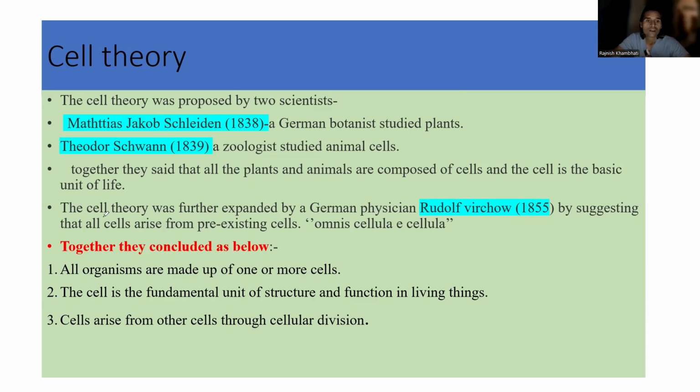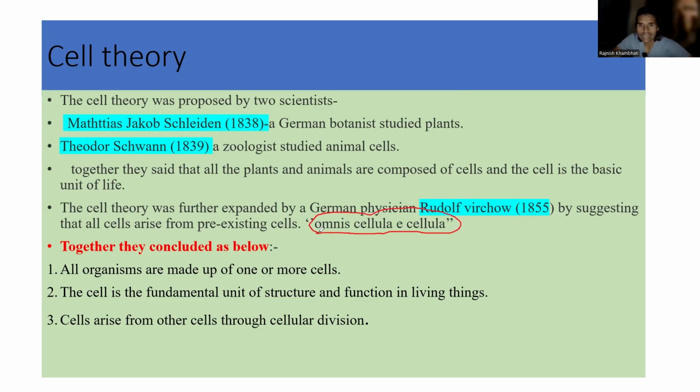Later on, the theory was further expanded by the German physician Rudolf Virchow, a third scientist, in 1855. He said that all cells arise from pre-existing cells. Omnis cellula e cellula is the sentence given by him.